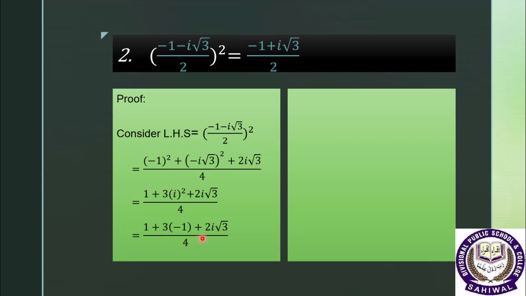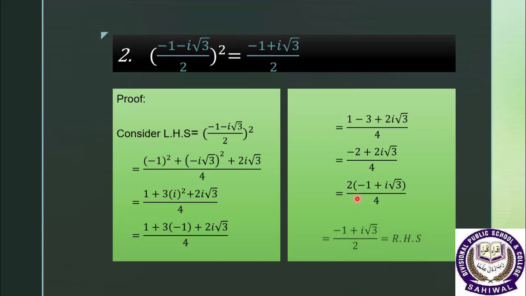Solving it, we get (1 + 3 times -1 + 2i√3) over 4. Again simplifying, we get (-1 + i√3)/2, which is the right hand side of the given equation. So, we have proved that the square of each complex cube root is equal to the other.